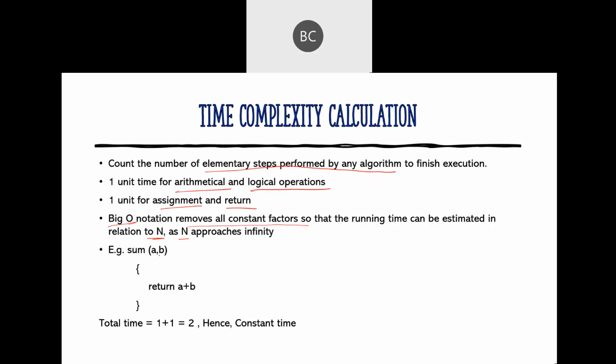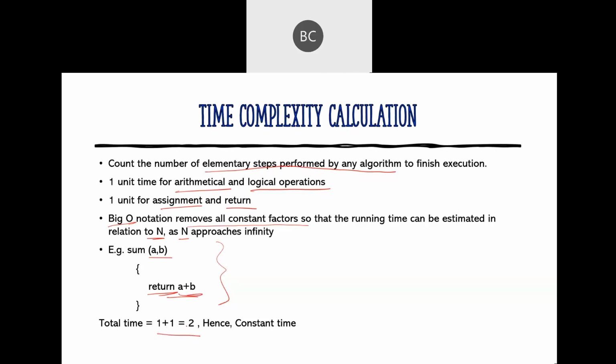For example, this is a simple piece of code: summation of a and b, and return a plus b. So what will be the time for these two steps? Return will take 1 unit of time. Again, the arithmetic operation takes 1 unit of time. So 1 plus 1 is 2.